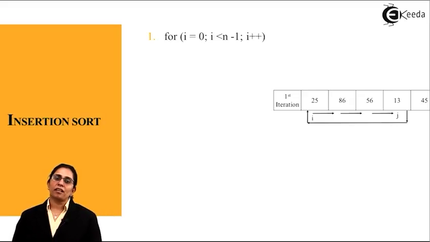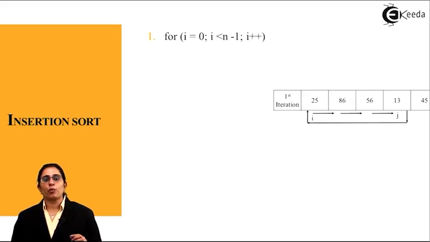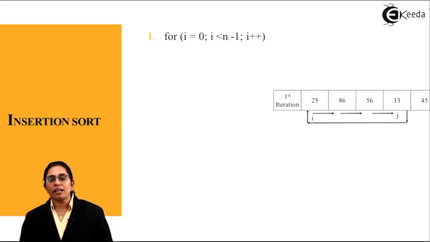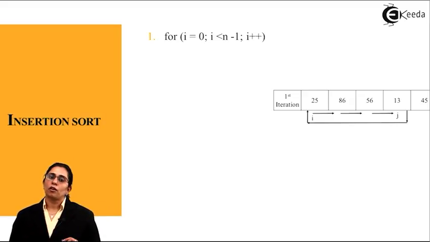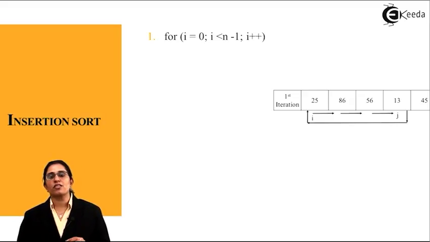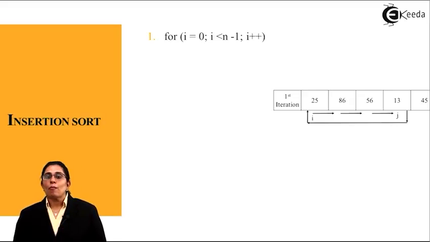If we see the list which is given, the 0th index location is element 25, the 1 index location is element 86, the 2 index location is element 56 and the 3 index location is element 13. Why we have taken it till the index location 3 is, my element at index location 3 has to be compared with the index location 4.